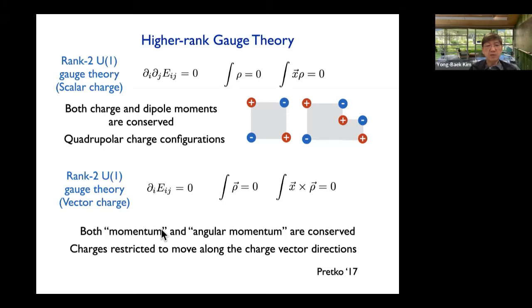Because of this, the charge is restricted to move along the charge vector direction. So in that sense, the motion of charges is again restricted. There is some relation between the quasi-particles in the fracton state and the rank 2 gauge theory, and there have been a lot of activities in the field theory literature on how to connect these two areas.